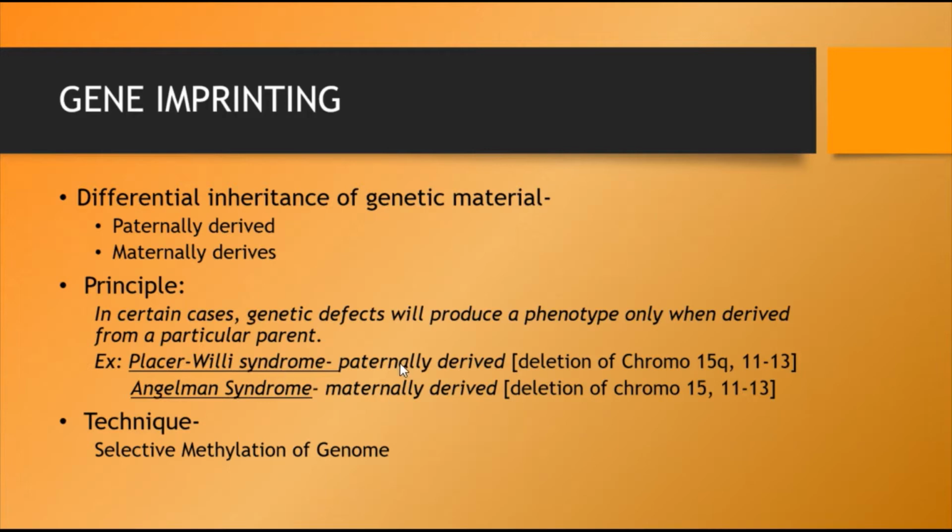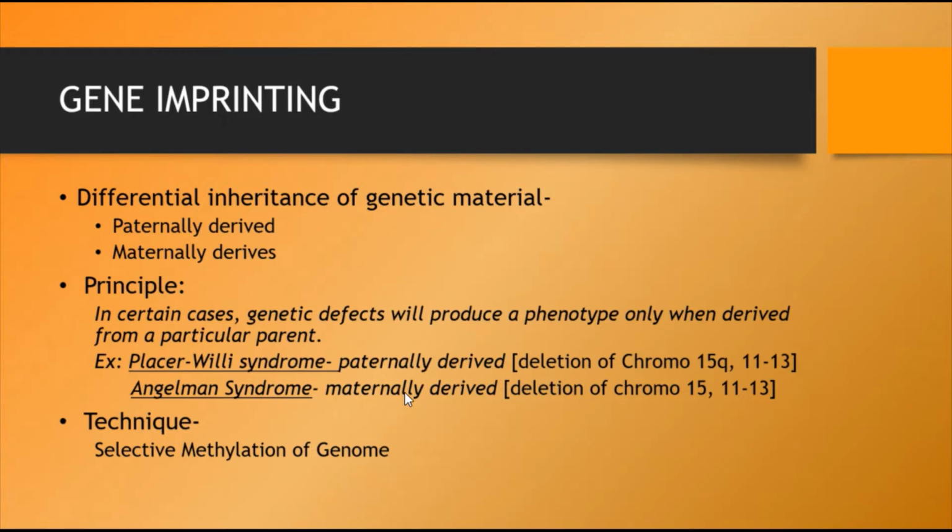Example, when we take the example of Prader-Willi syndrome, which is paternally derived, it's observed that it's caused by the deletion of the 11 to 13 segment on the longer arm of chromosome number 15. So this is one good example used for the significance or the principle of genome imprinting.